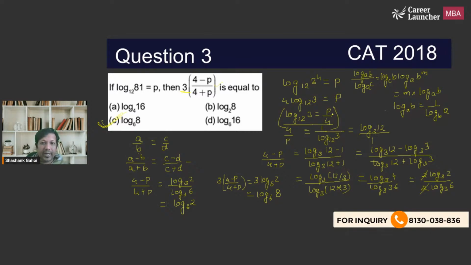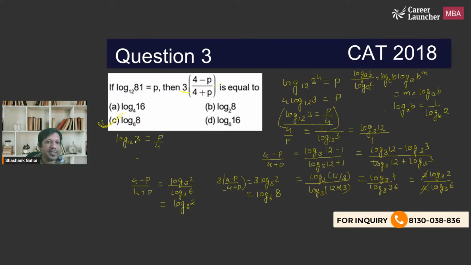So what I am doing, I am just taking the reciprocal. Let me write the statement over here. So basically what the question is saying is that log base 12 of 3 is equal to p upon 4.